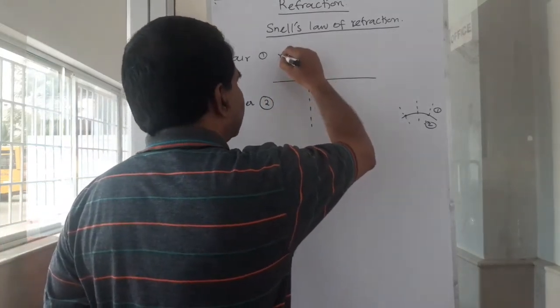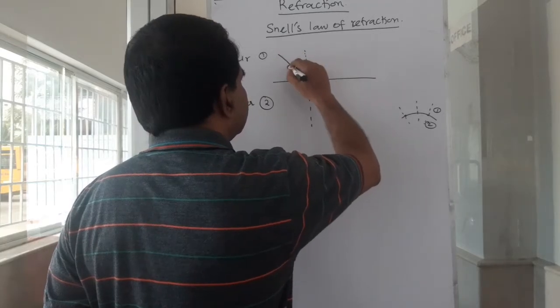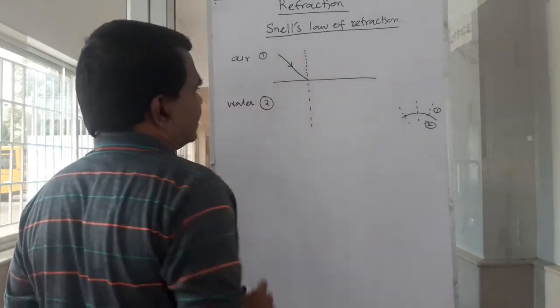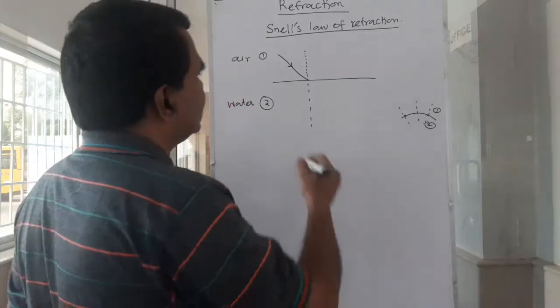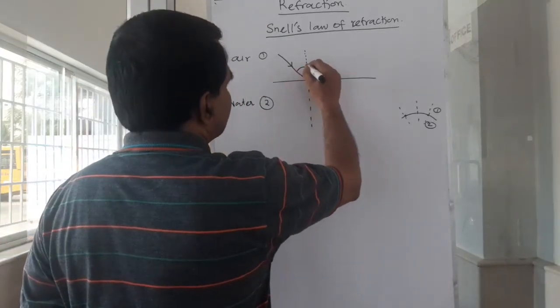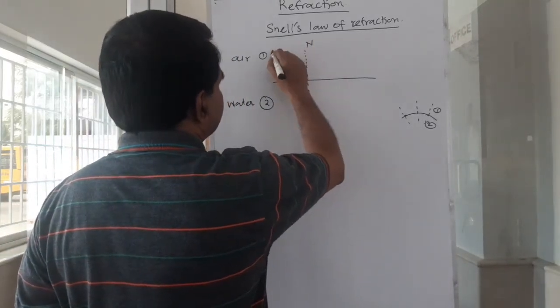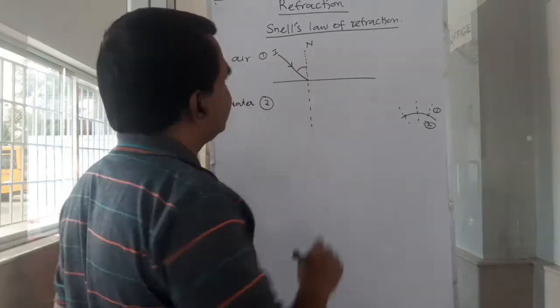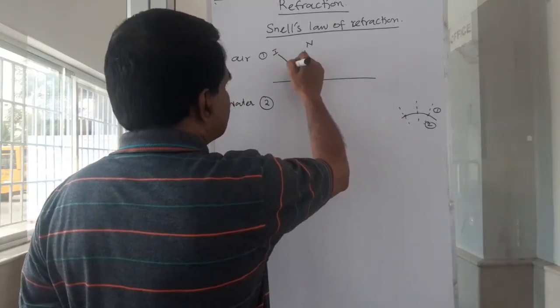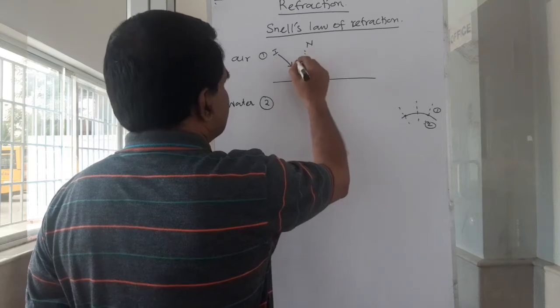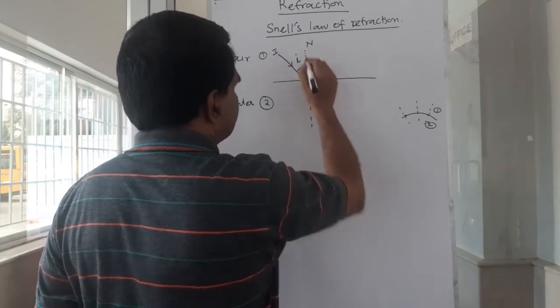Say this ray hits here. This is called the incident ray. So like reflection, you can measure the angle between the normal and the incident ray I. The angle between the normal and the incident ray is called the angle of incidence.